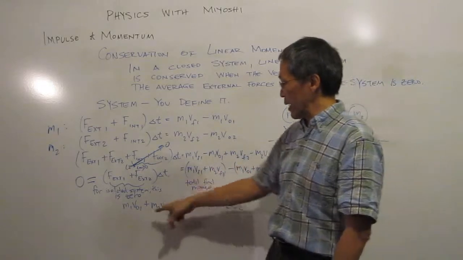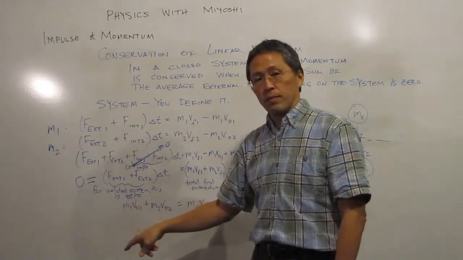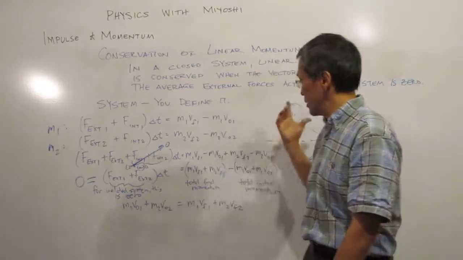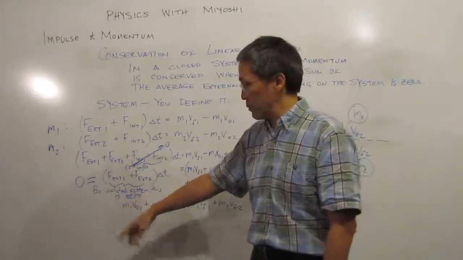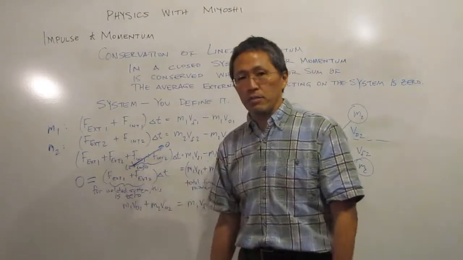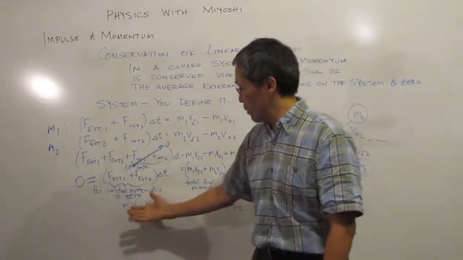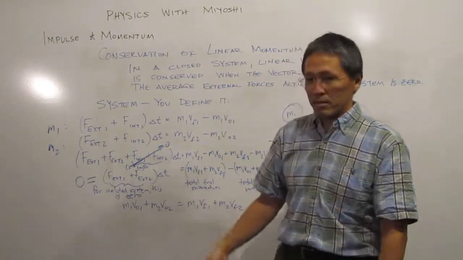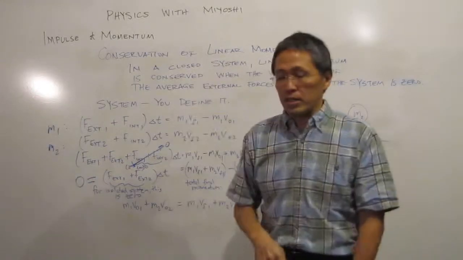We can rearrange that to show that the initial momentum must be equal to the final momentum. Now, I only showed two objects here, but this would be true no matter how many objects you have. As long as we define our system properly, we can say that our momentum should be conserved. And that is the law of conservation of linear momentum.